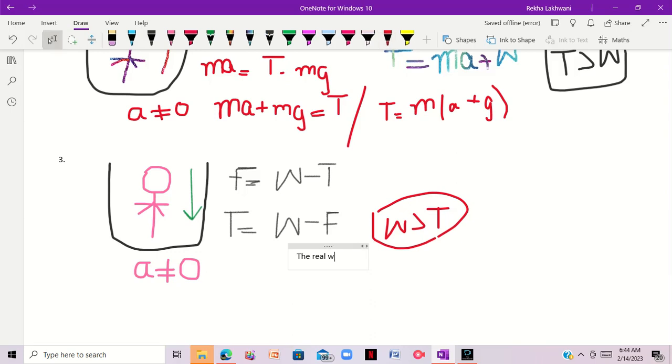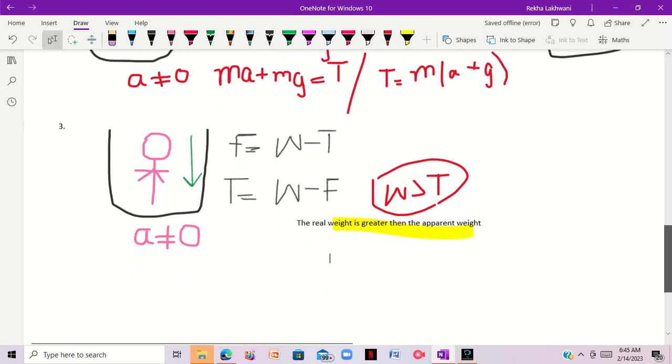Let me write here the real weight is greater than the apparent weight, right? Okay, now let's go into the fourth case.